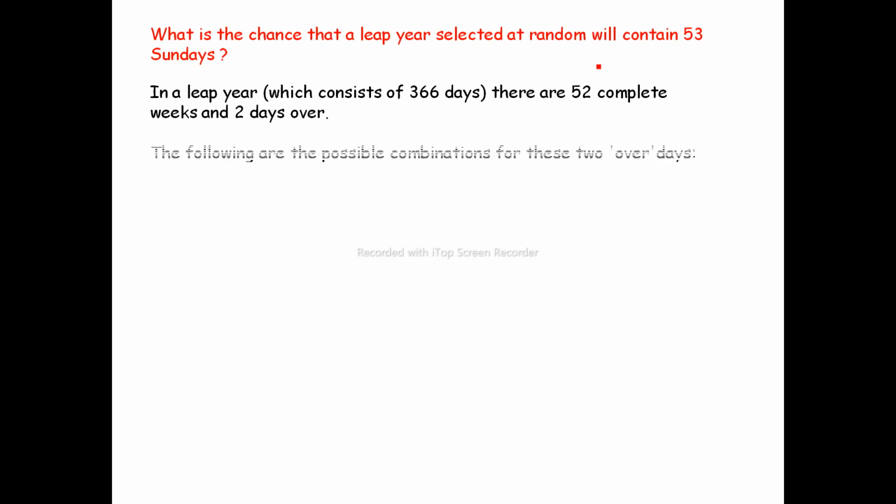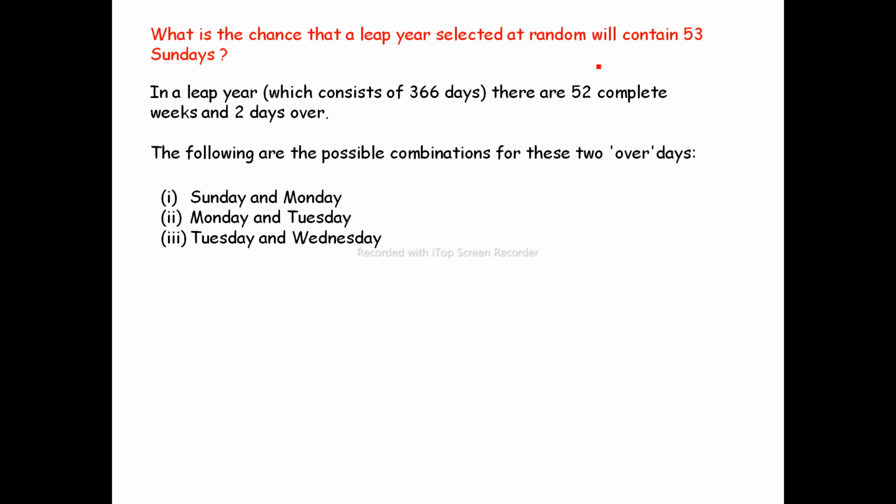Okay, so next we are coming to solution. The following are the possible combinations for the extra 2 days. One combination is the extra 2 days may be Sunday and Monday. Next possibility is Monday and Tuesday.